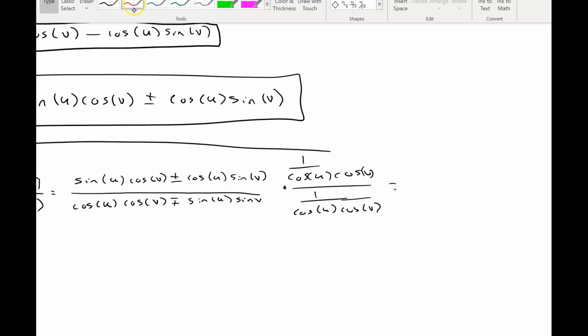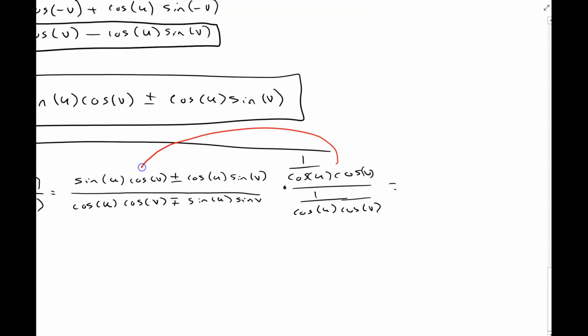So if I do that, when I distribute to this first piece, the cosine v's are going to cancel, and I'm left with sine u over cosine u, which is just tangent u. When I distribute to this piece, the cosine u's cancel, and I'm left with sine v over cosine v, which is just tangent v.